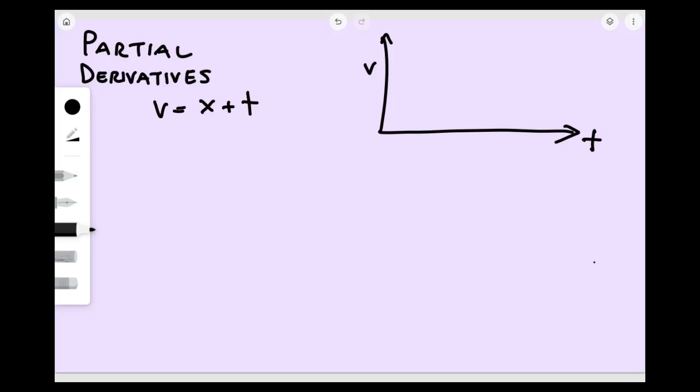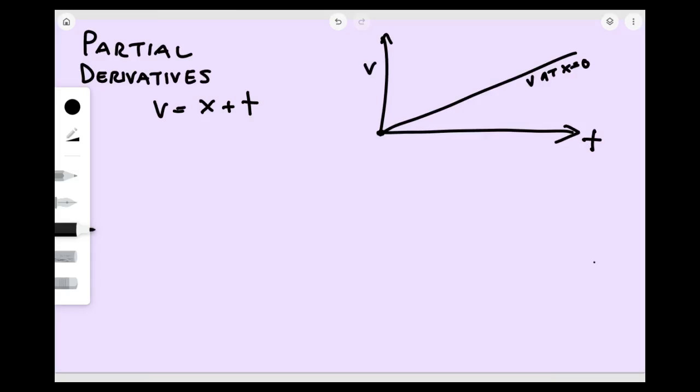So at x equals 0, and at t equals 0, we start at the origin. And we just draw that like that. And we'll label this: this is v at x equals 0.